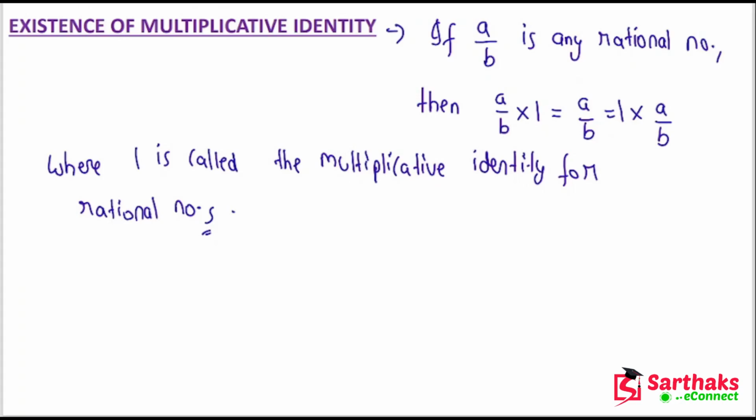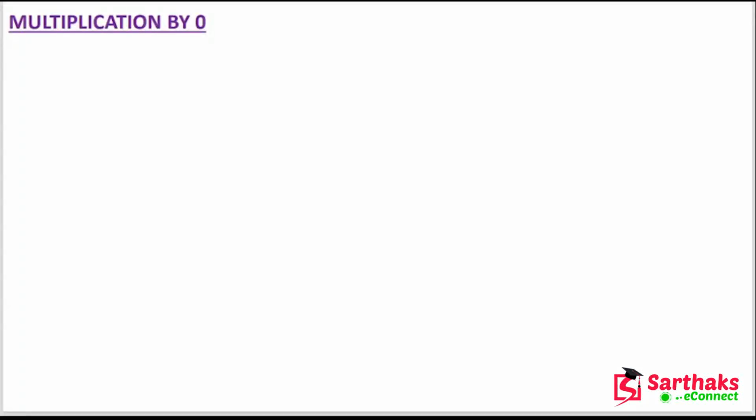Now let us move to the next topic, which is multiplication by 0. Multiplication by 0 simply means that every rational number when multiplied by 0 will give the result 0. So what does multiplication by 0 simply mean?